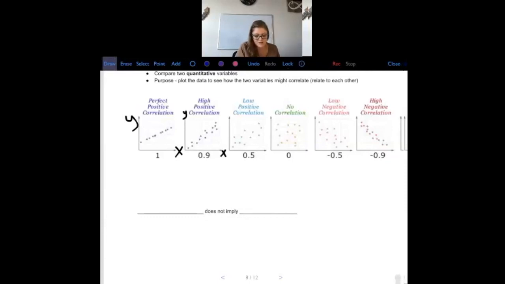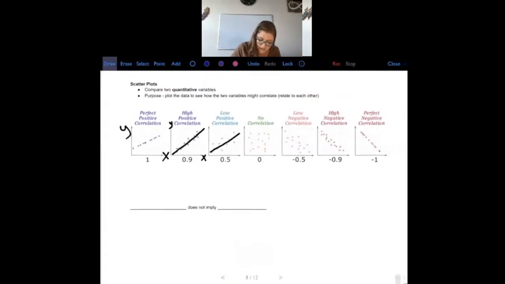If we try to draw the line of best fit, and unless you're given the equation, you kind of eyeball it, I'm going to say it goes through here where it hits some dots, but some dots are still a little bit above or a little bit below the line. Low positive correlation means even fewer are on the line, more around the line. No correlation means it's almost impossible to draw the line of best fit.